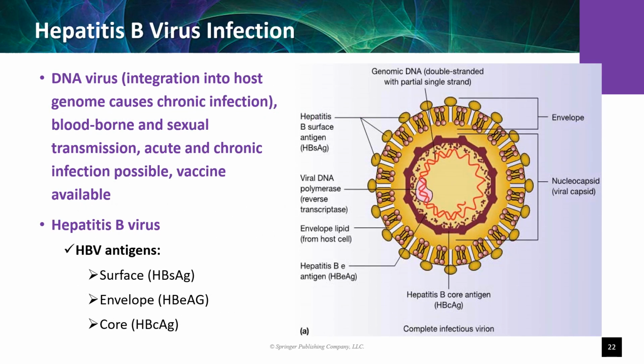The largest numbers of infected individuals for hepatitis B are in Africa and Asia, where the infection is actually acquired at a young age. Chronic HBV infection can cause fibrosis, cirrhosis, and hepatocellular carcinoma. This virus for hepatitis B is the only DNA-containing hepatitis virus.